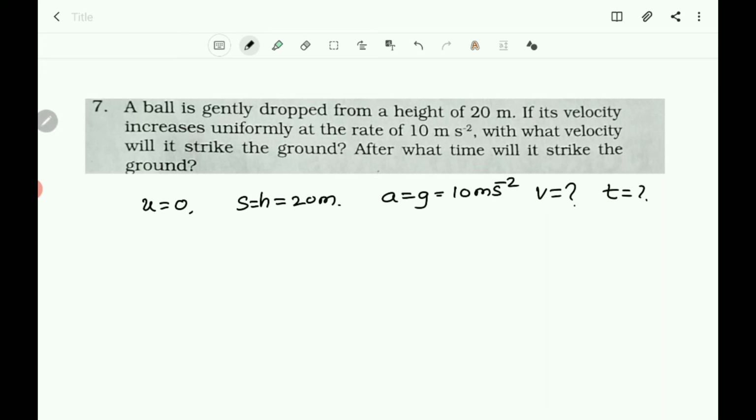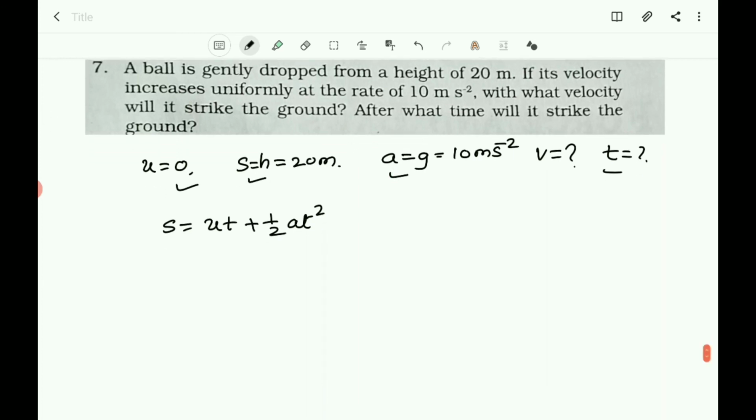So here the equation which is having U, S, A and T. You know that the equation is S is equals to ut plus half at square, that you can take. Now here you will get T. Here you can't get the V, but you will get T. So it becomes S is 20 meter and U is 0. 0 into T is not given.